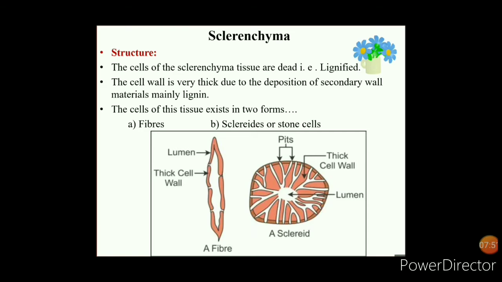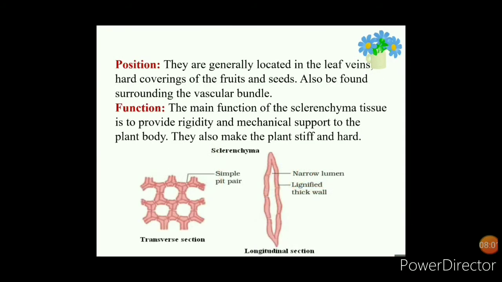The cells of this tissue exist in two forms, fibers and sclereids or stone cells. Fibers are elongated cells with narrow pointed ends, and such cells occur in groups or patches. The sclereids are relatively short cells with a hard, lignified, very thick wall, leaving a small unthickened area, called the lumen, in the center.